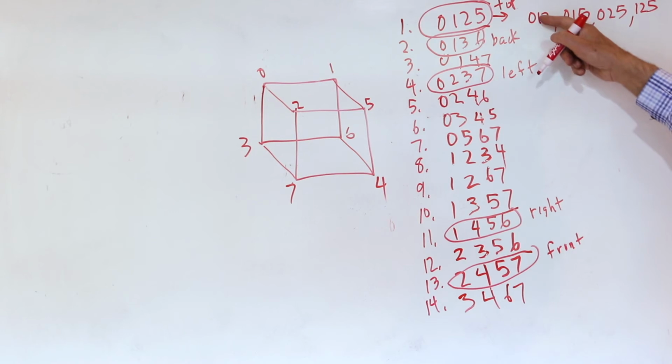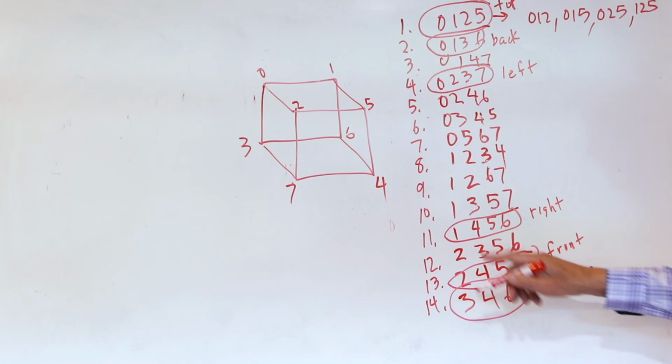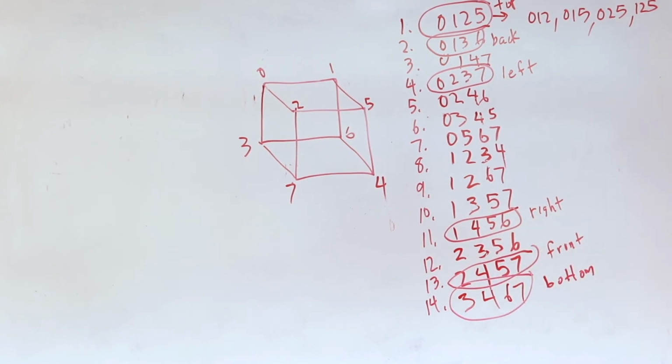So I got front and back, left and right, top, I need bottom. So the bottom is 3, 4, 6, 7. So I have all the faces of the cube.